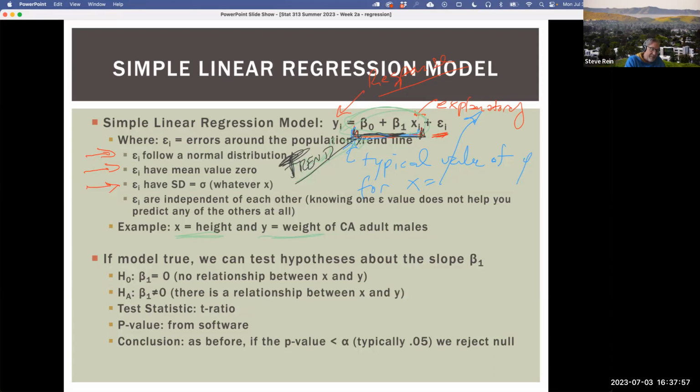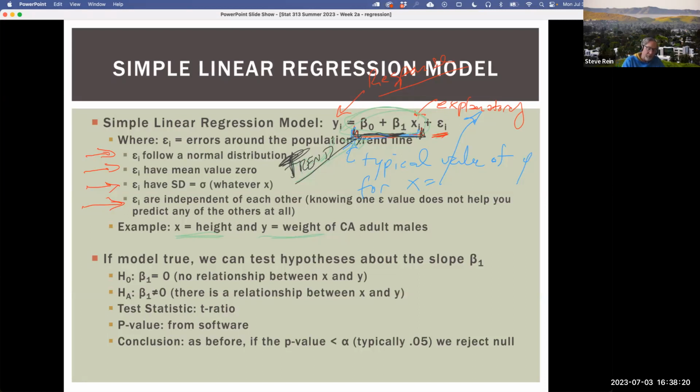Then lastly, if you know that my epsilon is plus 32, that doesn't help you predict the next person in your sample's epsilon. Knowing information about one of the people in your sample and their epsilon value doesn't help you know any of the other epsilons at all. And those all sound plausible for heights and weights.